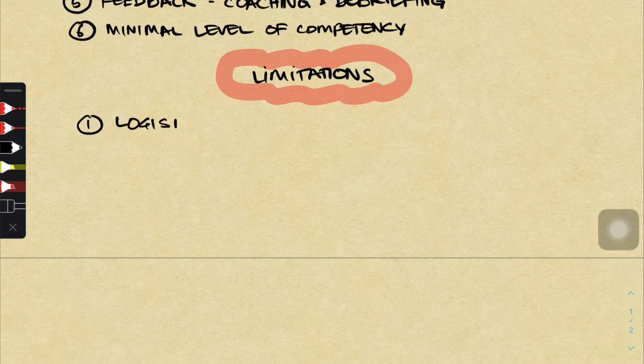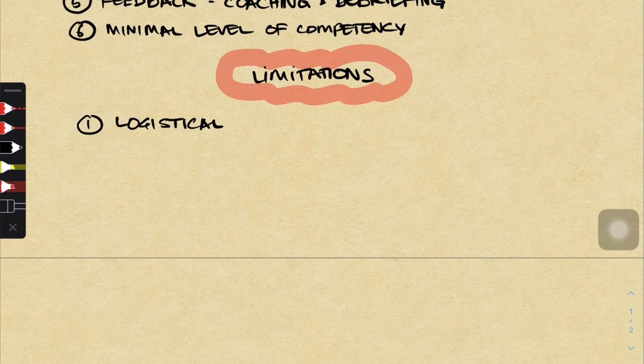As we will see later, it is quite complicated to run, and it is one of the most significant limitations that we can find in the assessment in this area.